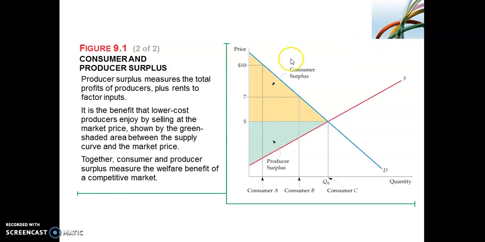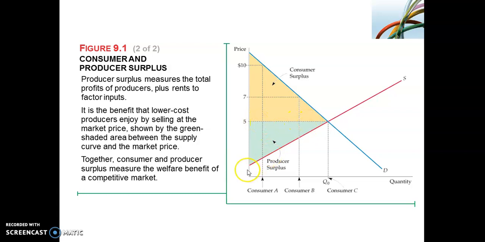Your producer surplus measures the total profits to producers plus rents to factor inputs. Remember, the discussion around rents came up in chapter 8, so that is factored into your producer surplus. It is the benefit that the lower cost producers enjoy by selling at the market price.